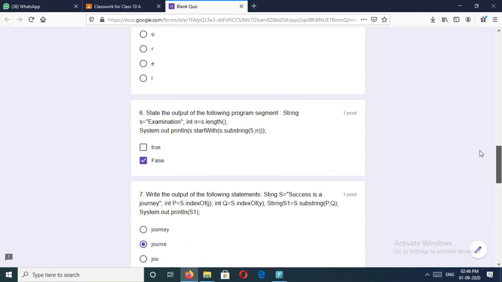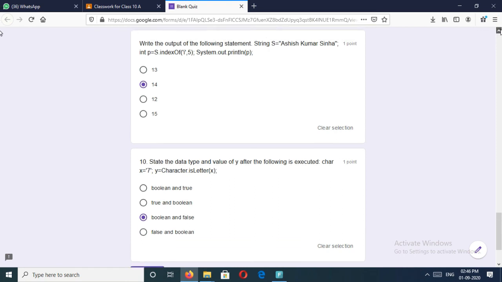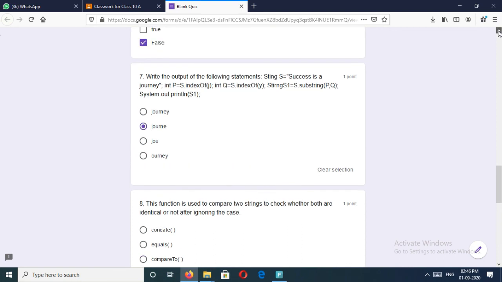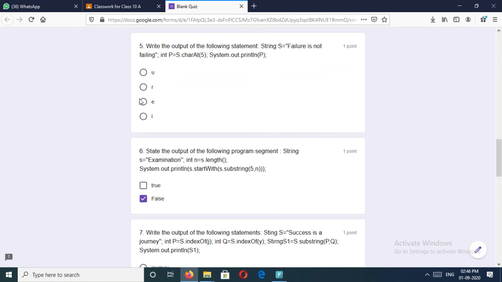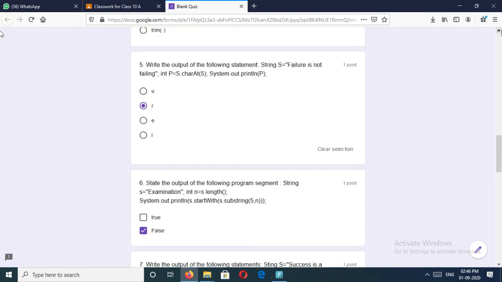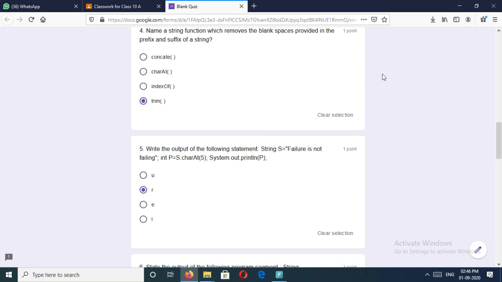This is your answers. I forgot to mark this answer. I will give the answer. If you want to take this question paper again, you can write the question and answer if you want.